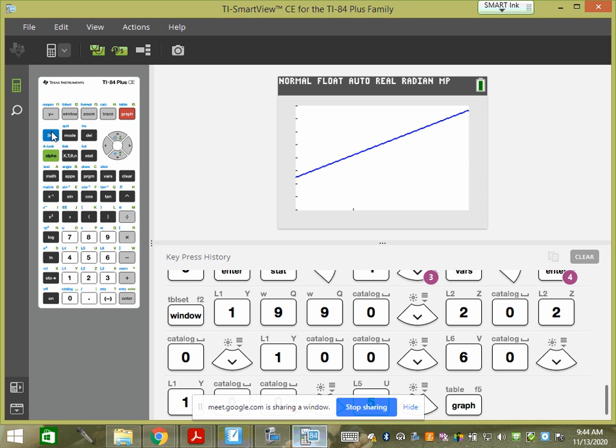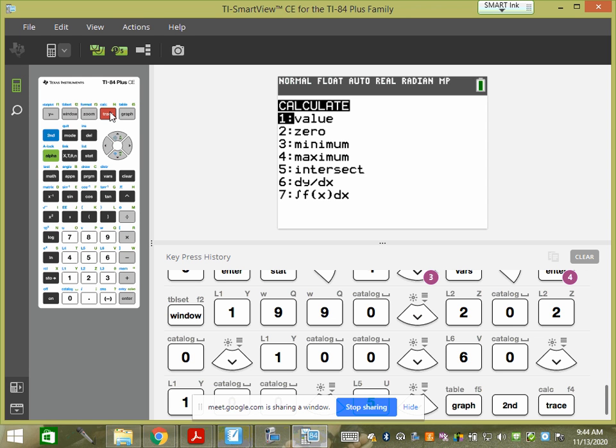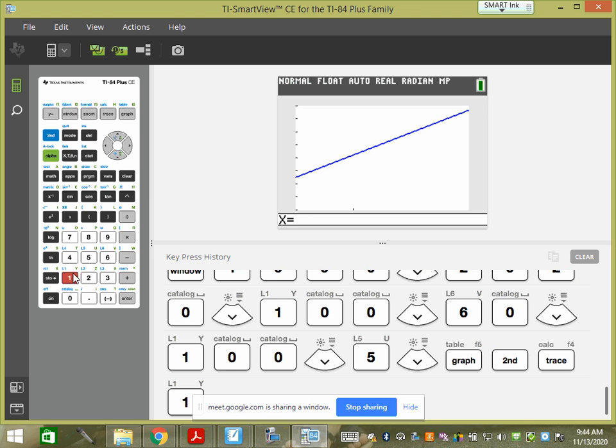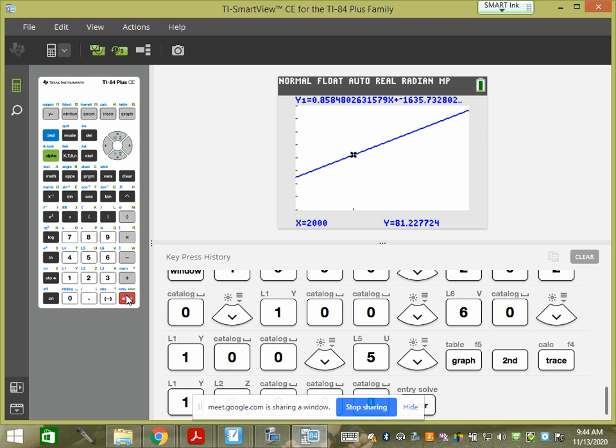So I'm going to go second, trace, value, and I'm going to hit 2000. Enter. And what do I get? 81.2 kilometers. So put that as your answer for example 1, 81.2 kilometers.